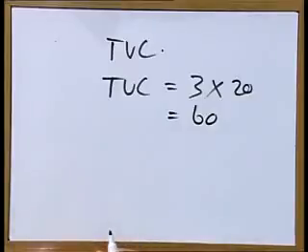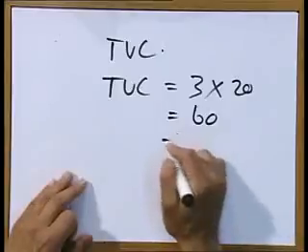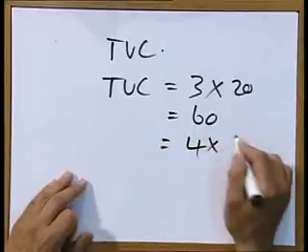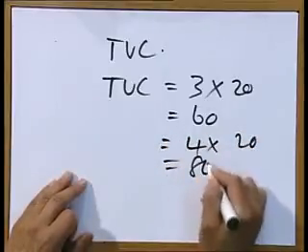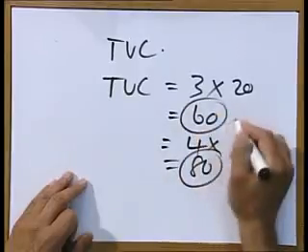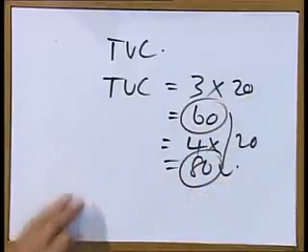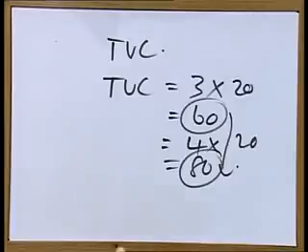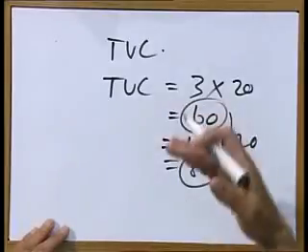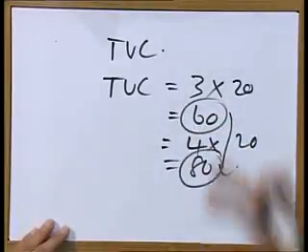Now say for example we employ 4 workers at 20, then what will be your TVC? It will be 80, so it increases with the amount of labor that you employ, right? So TVC will increase as the cost of the variable input increases. So what is your AVC?